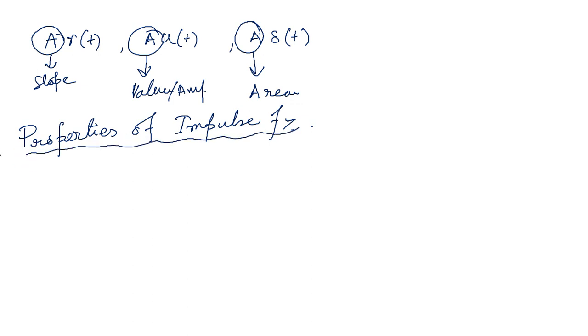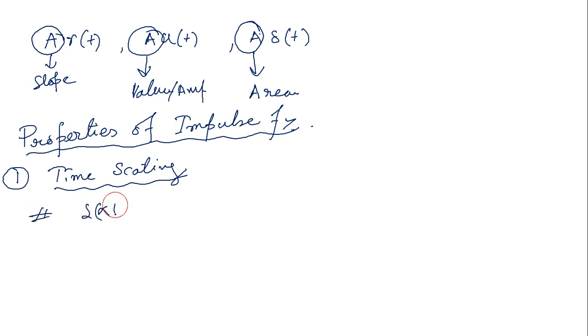The first one is time scaling. I am giving you the generalized form first, and after that an example. If I write delta of alpha t, it is expressed like this: 1 by mod alpha delta t.